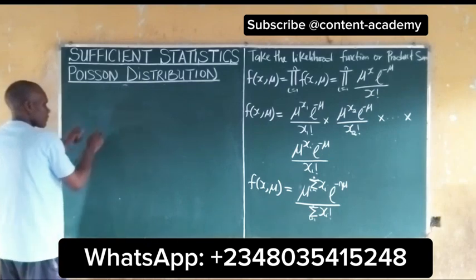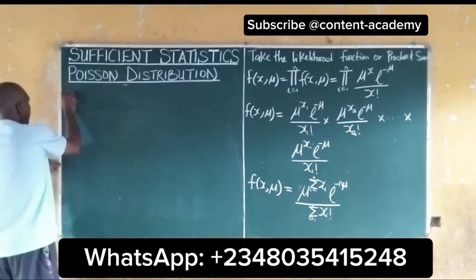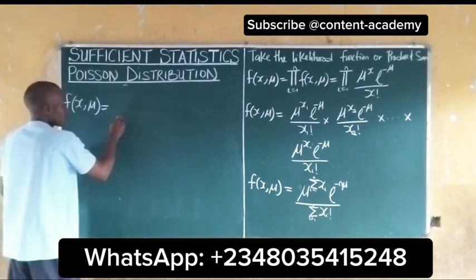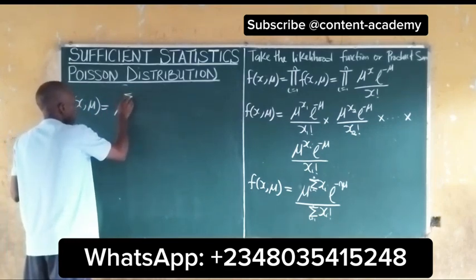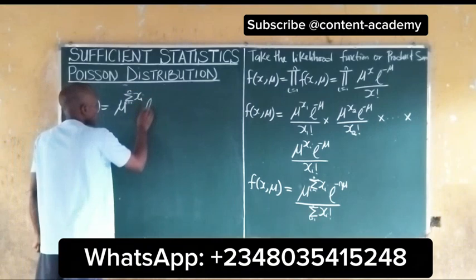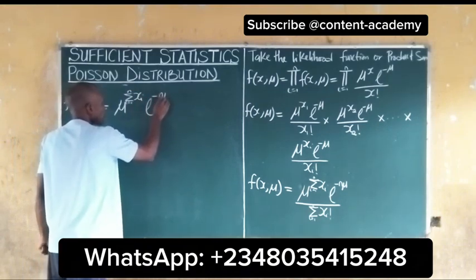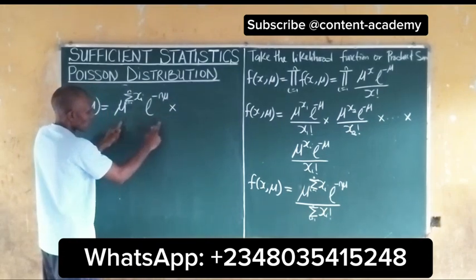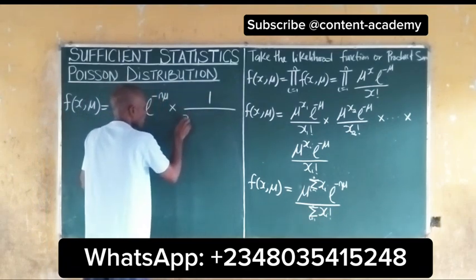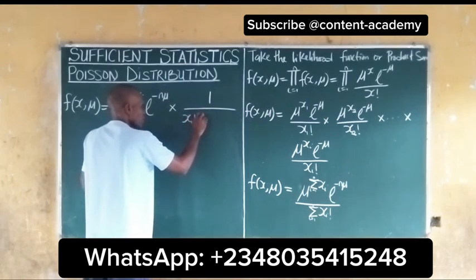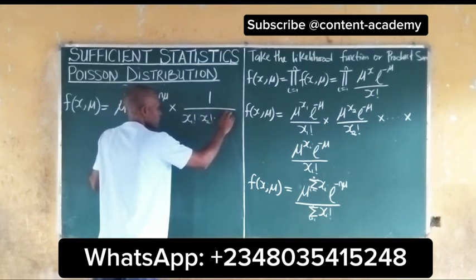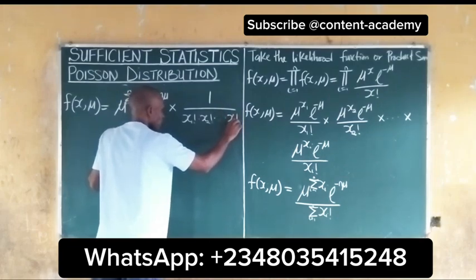So we can write f of x, mu to be equal to mu to the summation of xi as i running from 1 to n, exponential negative n mu, multiplied by, instead of divided by, we can write it as 1 over x1 factorial multiplied by x2 factorial multiplied by, it continues like that, xn factorial.